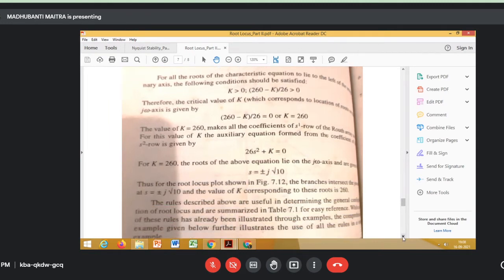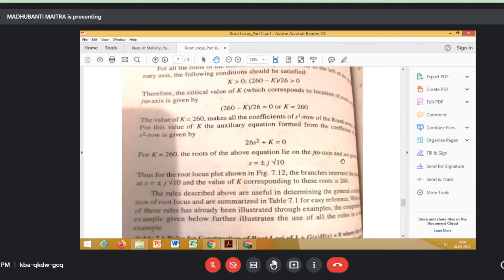The roots of the above equation lie on the j omega axis, and the roots are s equal to plus minus j root 10. So the root locus branches will intersect, since we are getting one complex conjugate root pair.